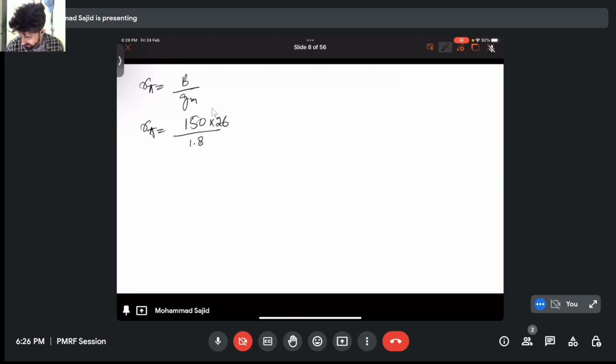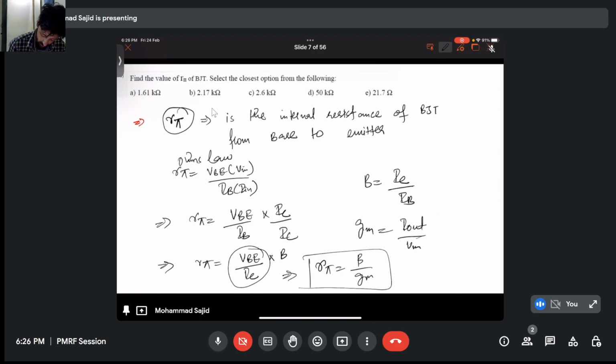Let me use the calculator. 150 into 26 divided by 1.8 is 2166.66, that is 2.166 kilo ohm. So let's see, is there any option? Yes, right here. This one is the closest option.